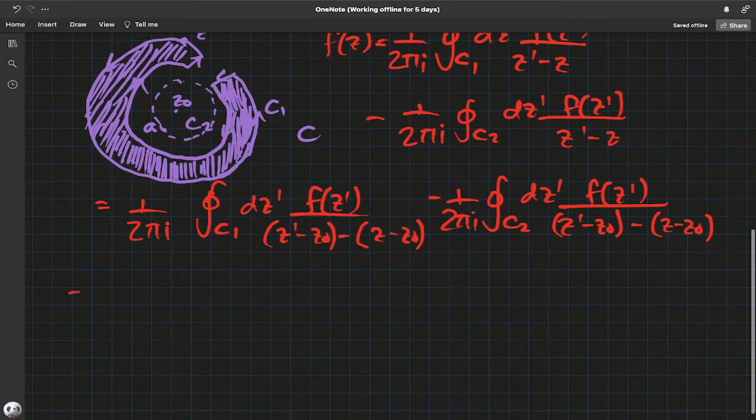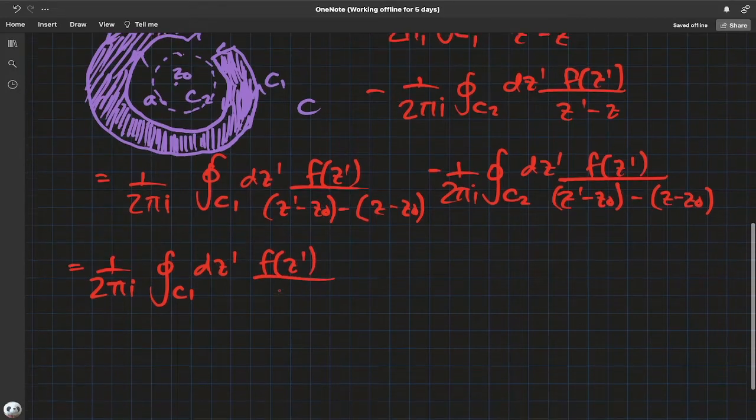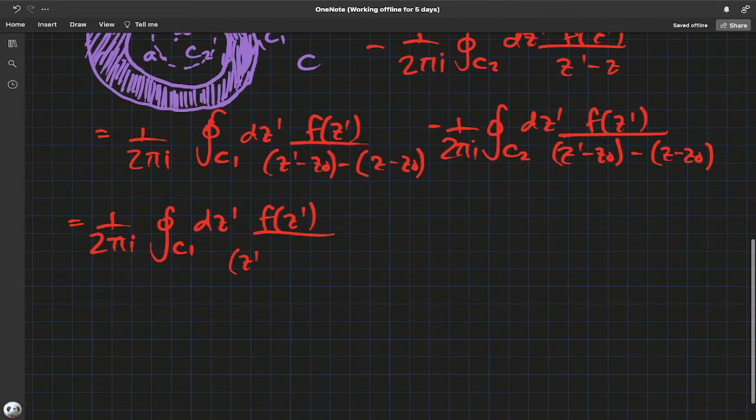And now I'm going to do a weird thing. I'm going to rewrite this a little so that you clearly see what's going on. f of z prime over z prime minus z0, and then factorize that term out. So I have 1 minus z minus z0 over z prime minus z0 for C1.